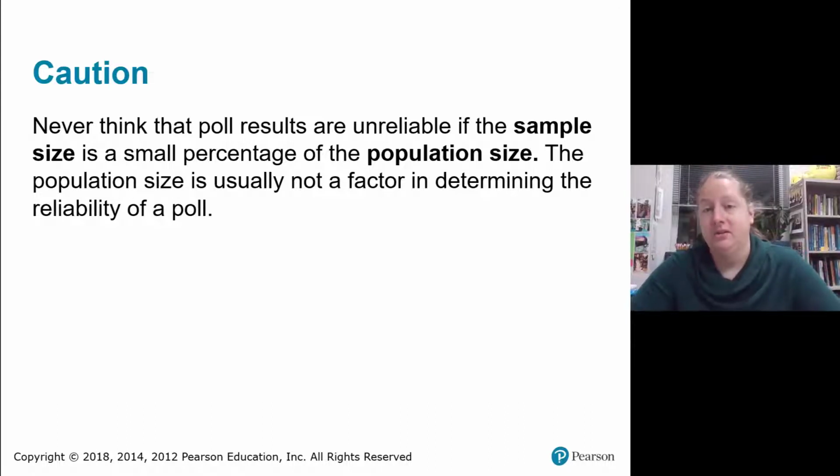If we were trying to figure out something about all adults in the United States and we only polled 1,000 adults, that percentage of the population is very small, and it might be tempting to say the poll must not be valid, but that's not actually the case. As long as things work out otherwise, that poll can actually be very reliable.